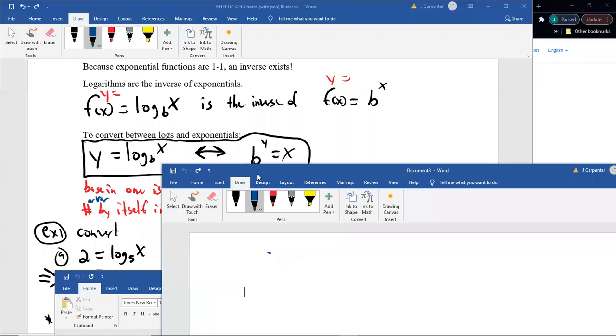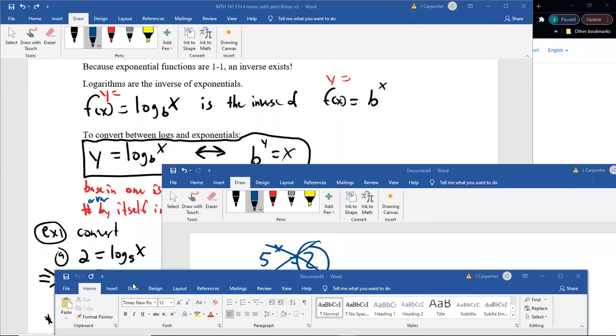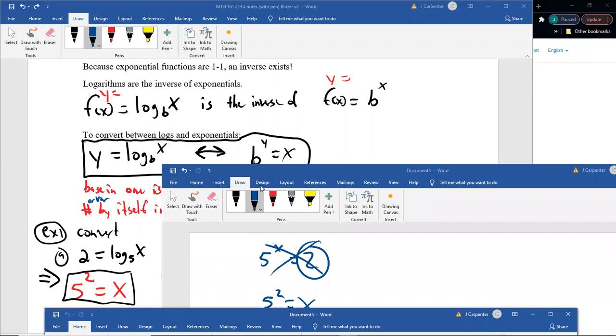So I can't say this is 5 to the x equals 2. That would be wrong, because the x and the 2 are swapped. It has to be 5 to the 2 equals x. And that's exactly what it is. 5 to the 2 equals x.